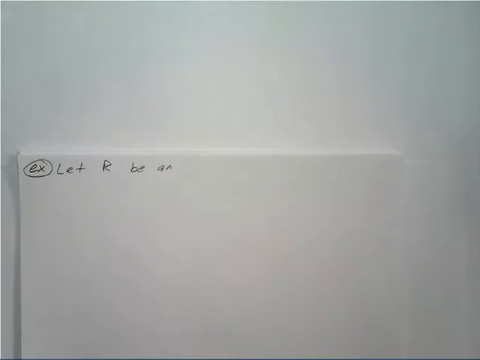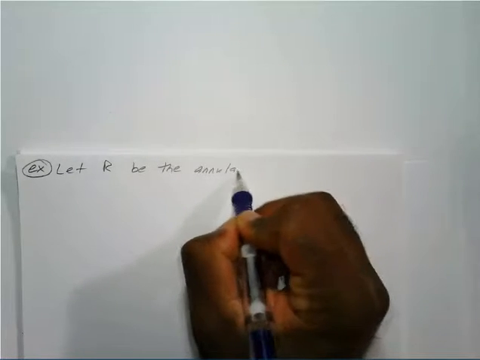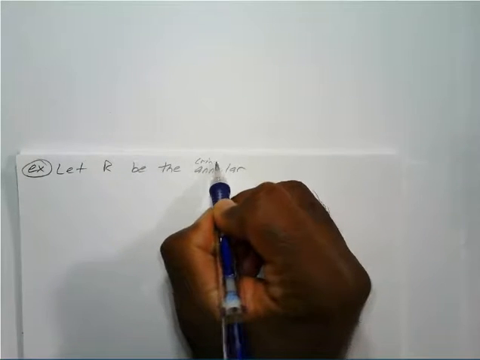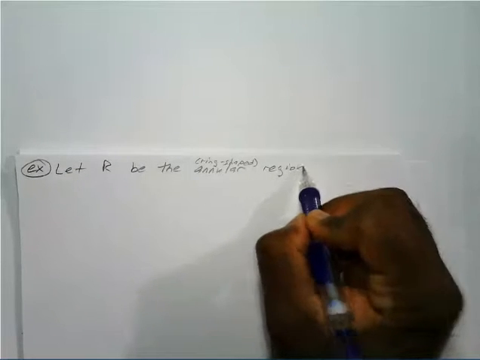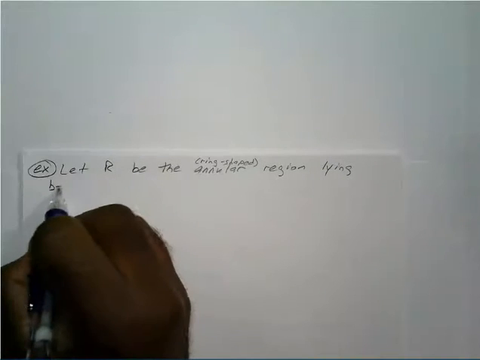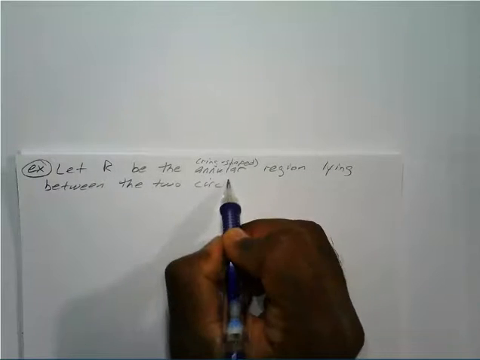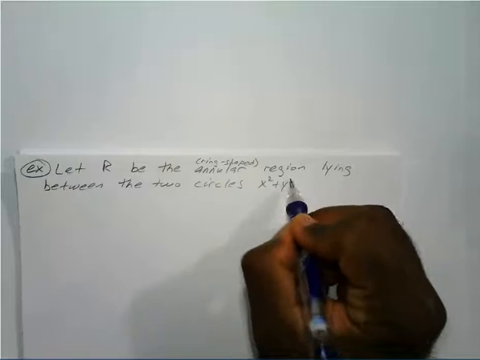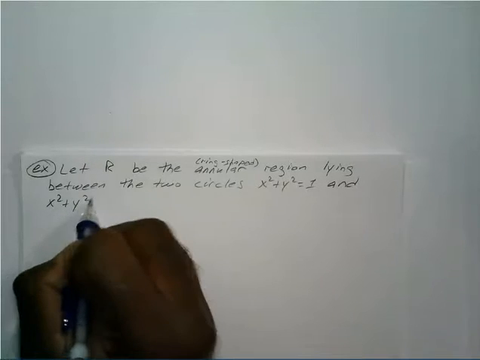Okay, so let's say for this example, what if we let R be the annular region, and annular is just a fancy way to say ring shape, between two circles, say x squared plus y squared equals 1, and x squared plus y squared equals 5.